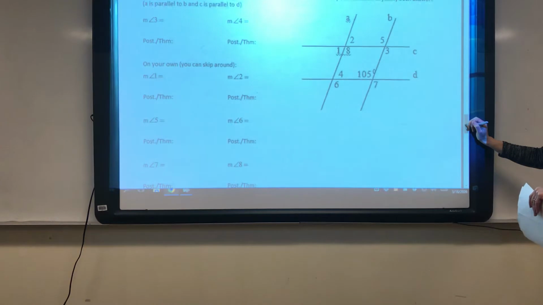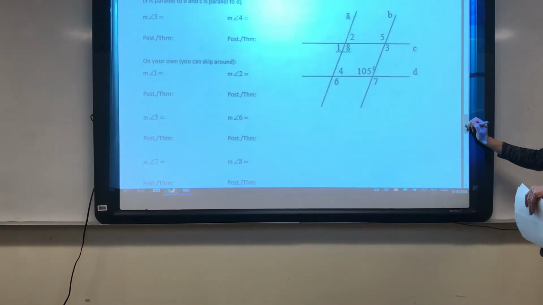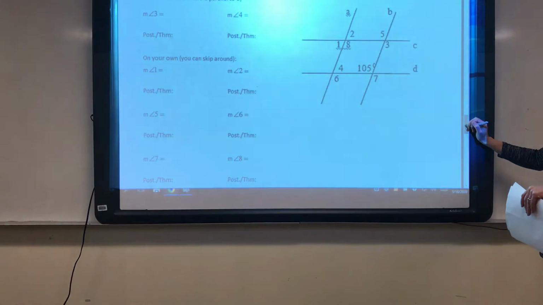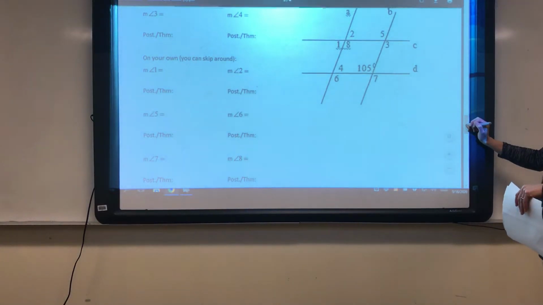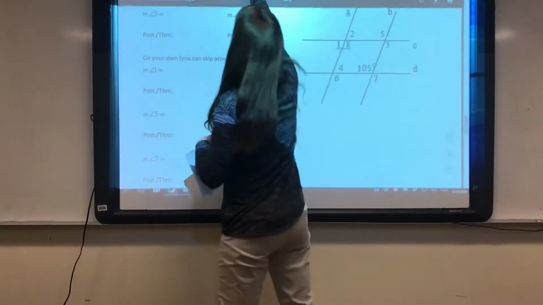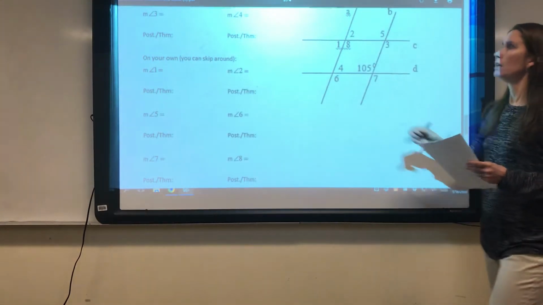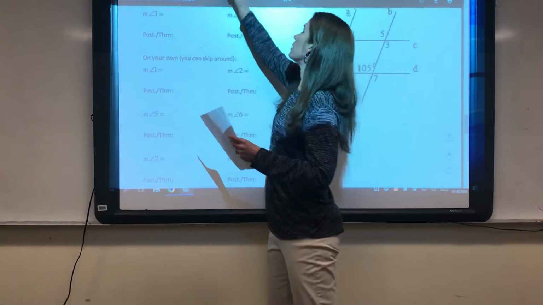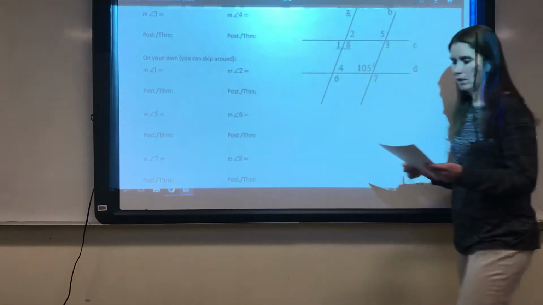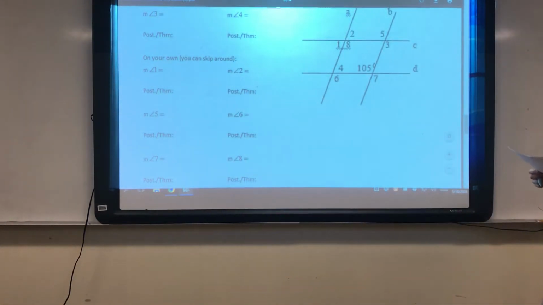The directions say find all the angle measurements and tell which theorem or postulate is used to justify each answer. They tell us that A is parallel to B and C is parallel to D. It first asks what angle 3 and angle 4 are.